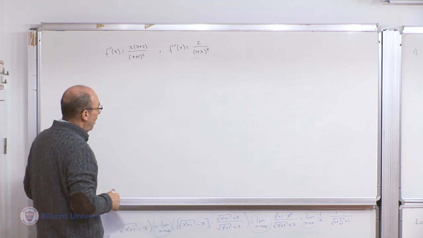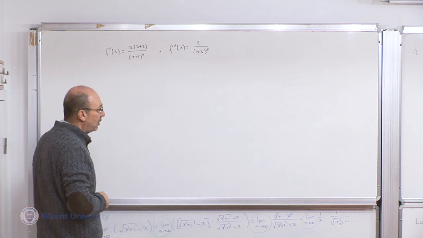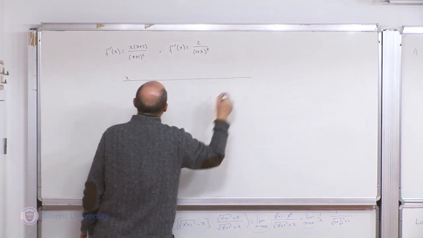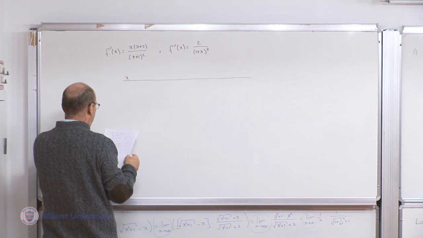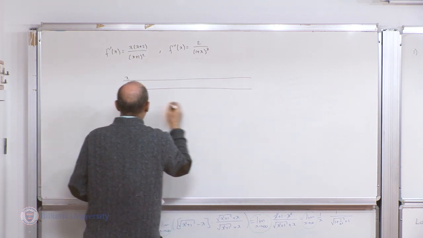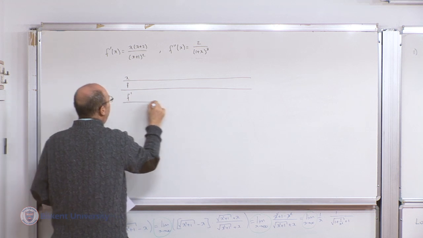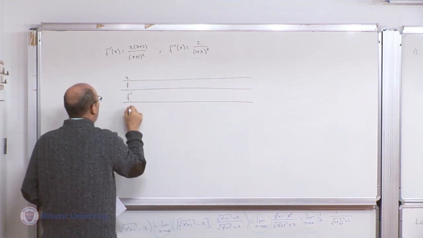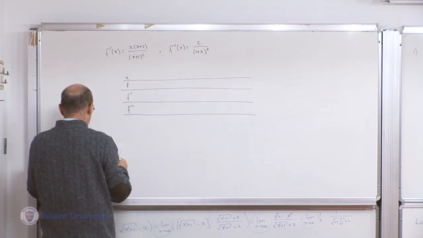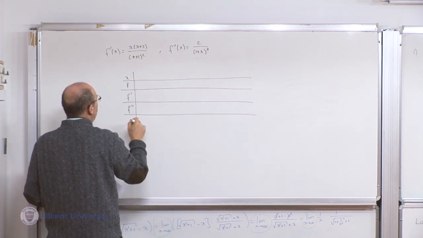So I prepare the table that I mentioned last hour. So x, f prime, and I also want to see the sign of f double prime. Okay, so I think that's enough.